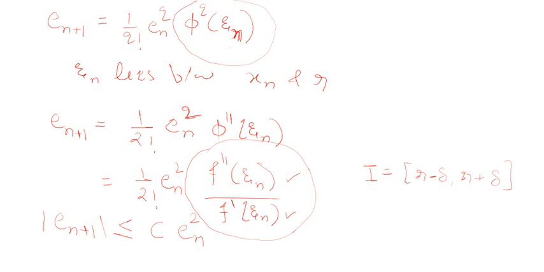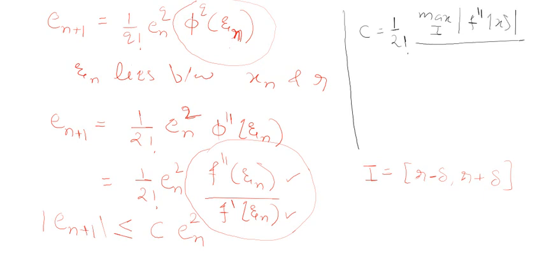So what is C, if I wish to write it clearly? C is, if I recall, 1 by 2 and factorial, maximum over I of mod of f second derivative at x divided by minimum over I of mod of f dash of x.